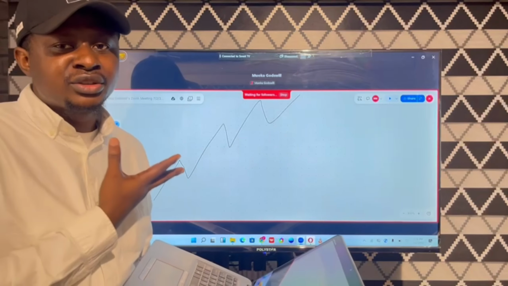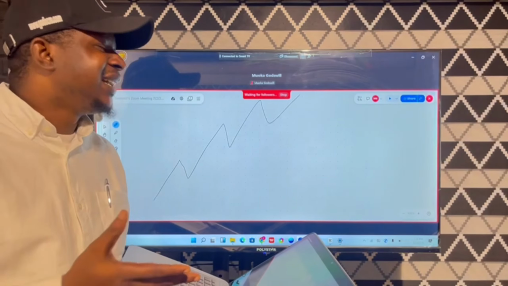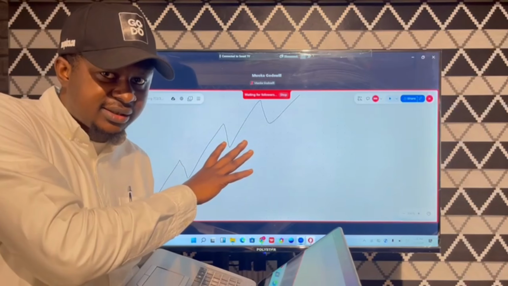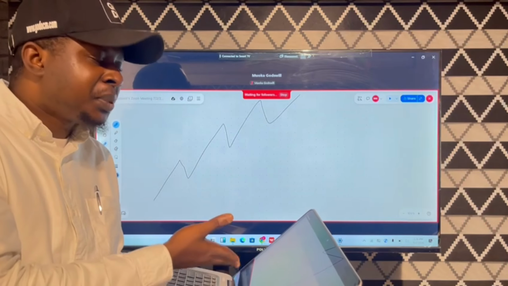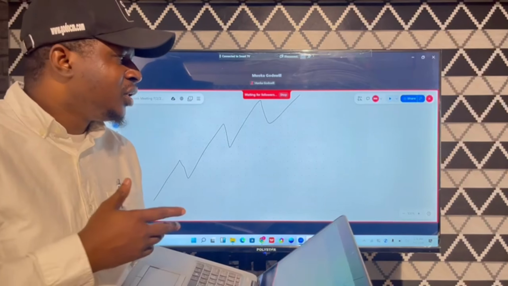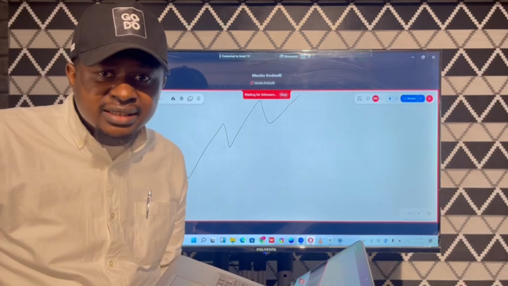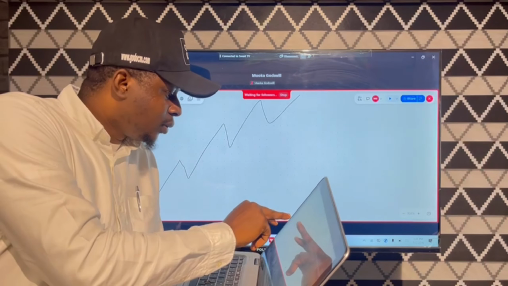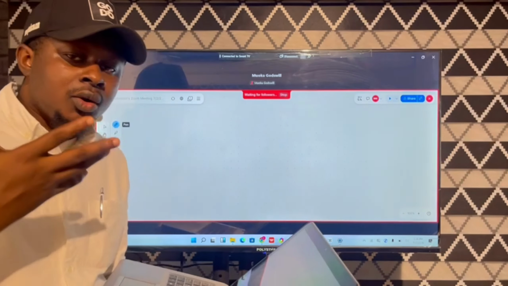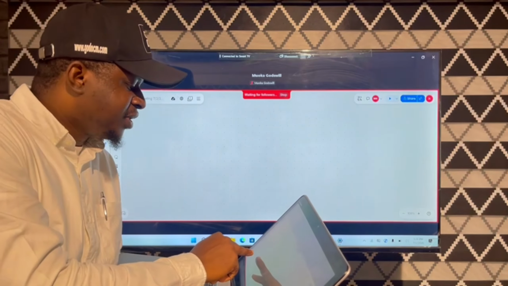I'm not trying to say this is not correct, but this is not correct in real time. Price is definitely creating highs and lows, but realistically it's not how price moves on the chart.